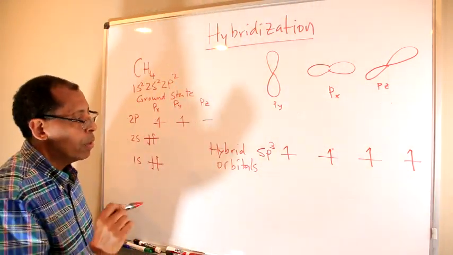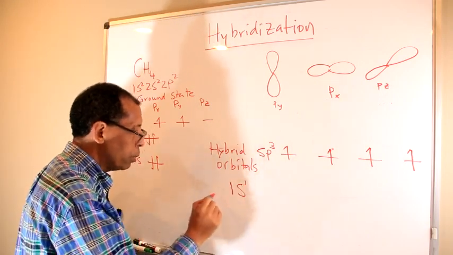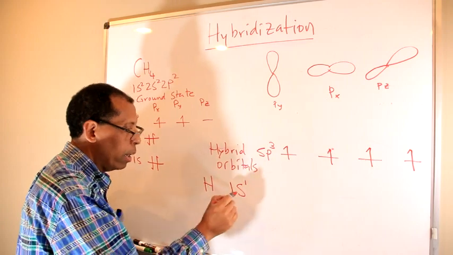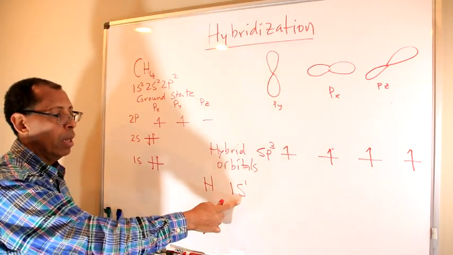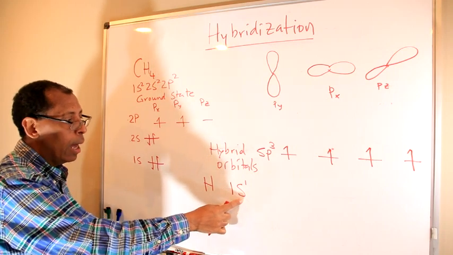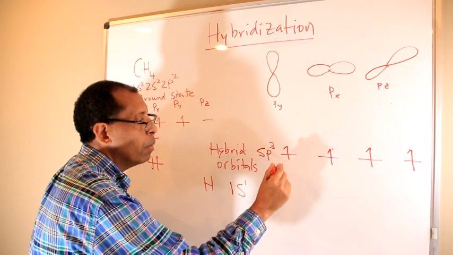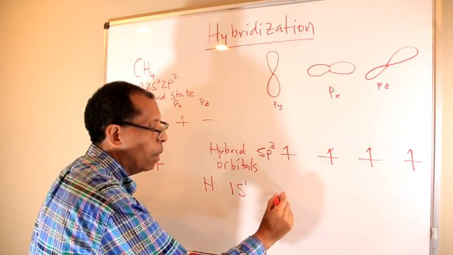Now, you have one 1s electron in hydrogen, right? Hydrogen has 1 electron in its valence shell. If you bring 1 hydrogen here, you are pairing up.